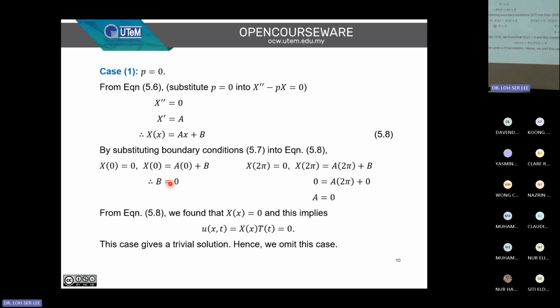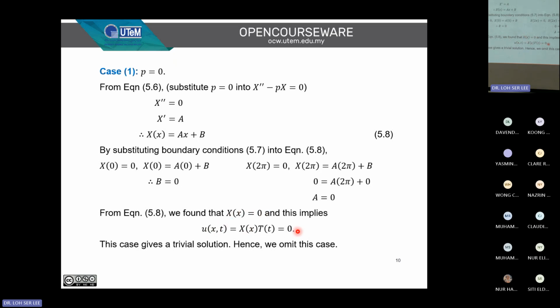From here, we already know that b is 0, so substitute b by 0. You get this equals 0. It means a is also 0. Correct? So now a is 0, b is also 0. So your X is 0. When your X is 0, your u is 0.